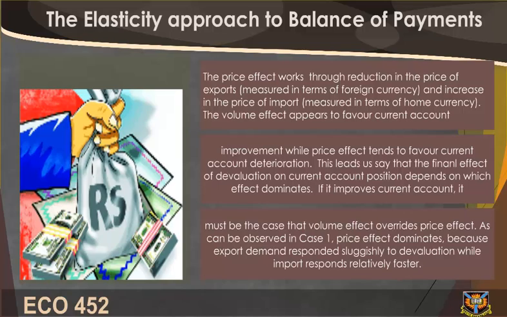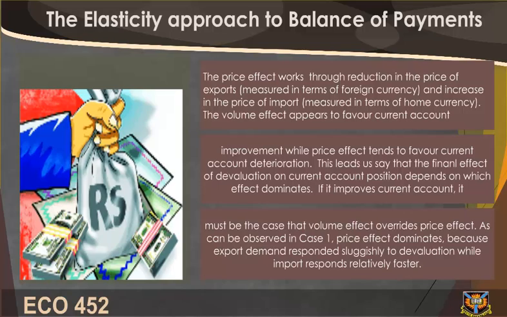The volume effect appears to favor current account improvement, while the price effect tends to favor current account deterioration. This leads us to say that the final effect of devaluation on current account position depends on which effect dominates. If it improves current account, it must be the case that the volume effect overrides the price effect.